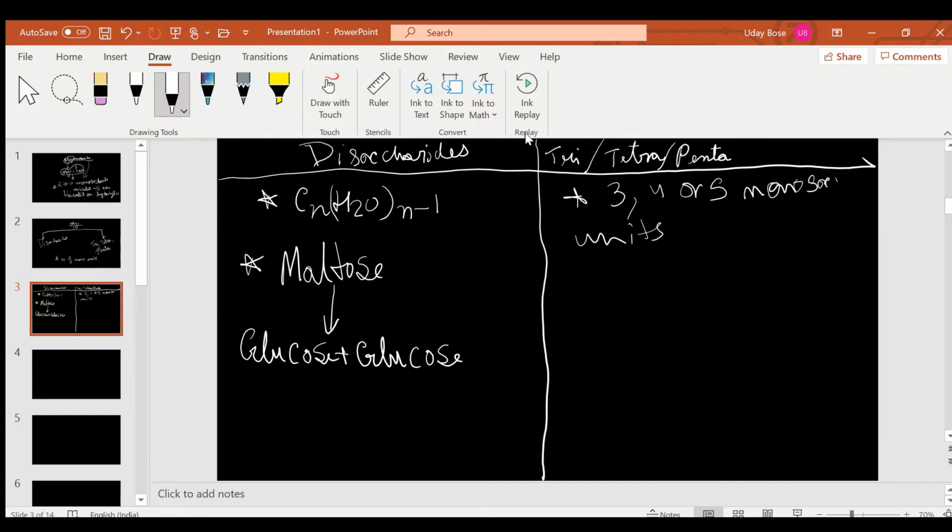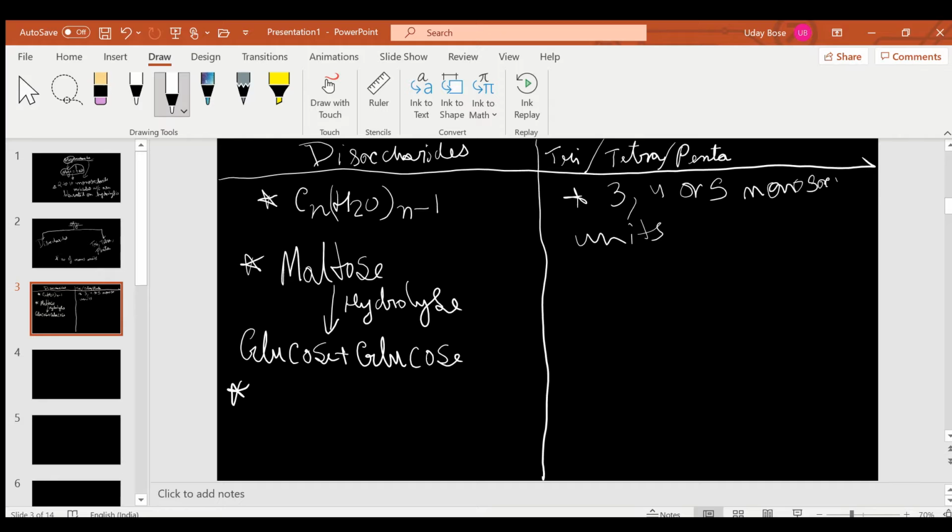So glucose is a monosaccharide and maltose is a disaccharide. If I hydrolyze maltose, I will get 2 molecules of glucose.